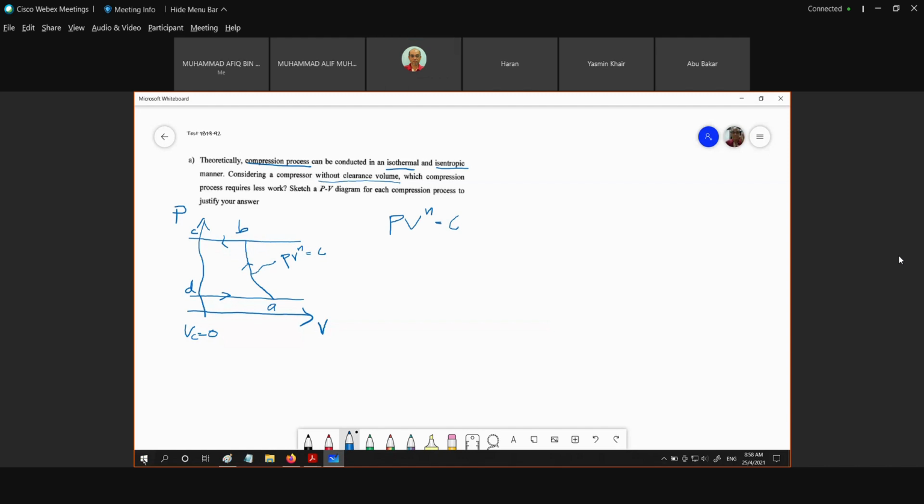Yang kita belajar is PVN equal to constant. Kita nak lihat for an isothermal compression, what does this equation represent? How to get this compression process becoming isothermal? Ini macam revision thermodynamic tau.